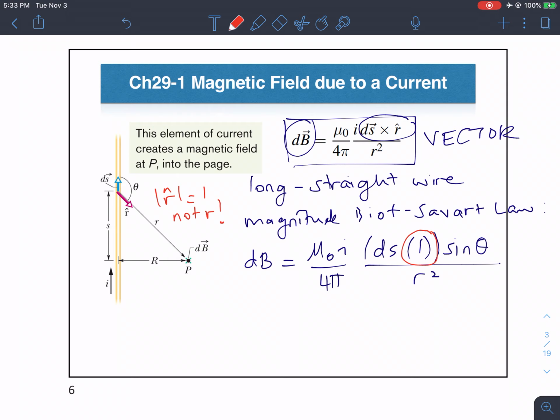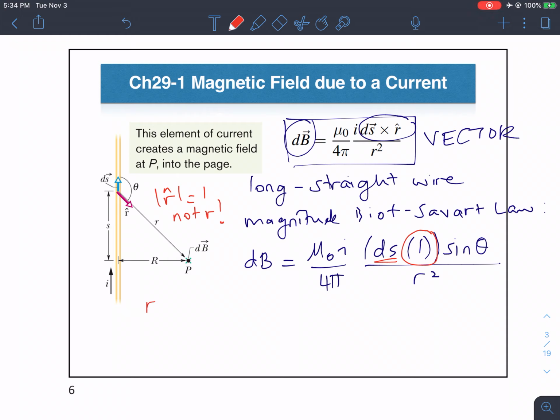Here again we will integrate, but we gotta get our equation ready first. So let's use some geometry. We did similar stuff with the electric field, so you should have a better idea now of what to do. We are integrating over ds, but you can see that r changes as the ds element changes, so we gotta write r in terms of s.